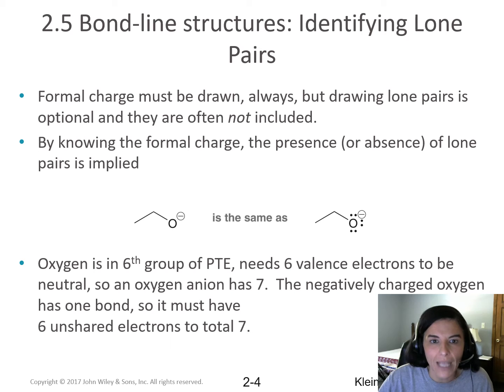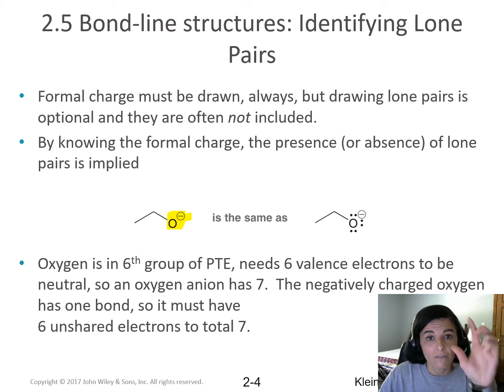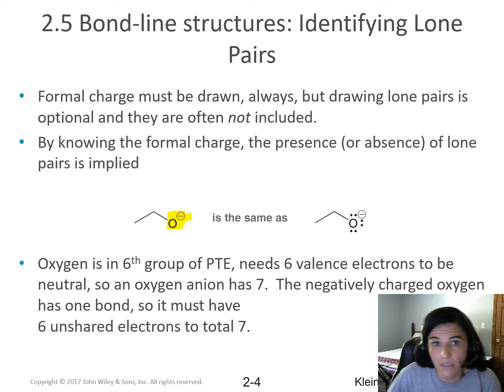Okay, again, let's look at this oxygen right here. No lone pairs drawn out, but we see a formal charge of -1. So using my formal charge equation, I'm going to plug in: -1 equals valence number minus lone pair electrons plus number of bonds, all right? -1 equals 6 minus X, whatever the lone pair electron number is, plus 1.